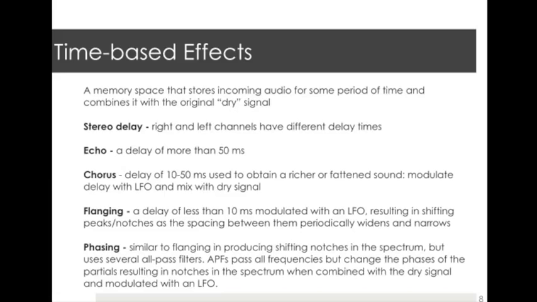Phasing is somewhat similar to flanging, maybe in its effect, but it's done in a very different way. It produces a sort of shifting of the notches in the spectrum, but uses what are called all-pass filters. An APF, an all-pass filter, passes all the frequencies through, but changes the phases of the partials. So the phasing would mean, if you remember in design you have a compression and a rarefaction.